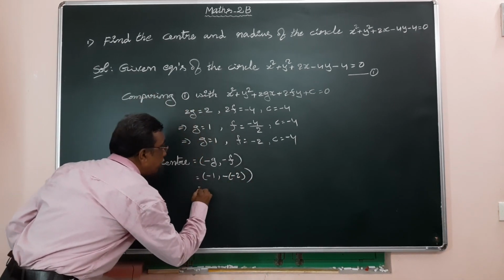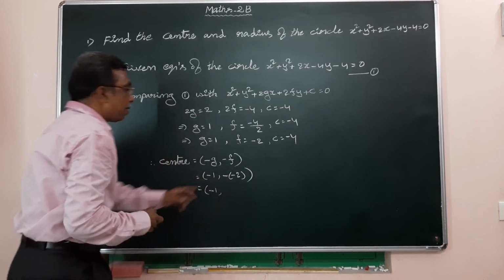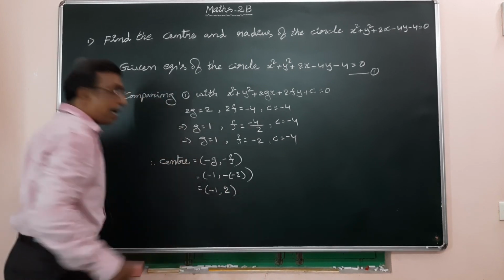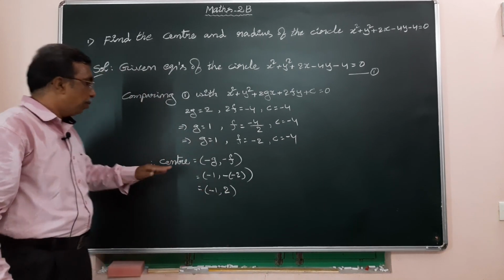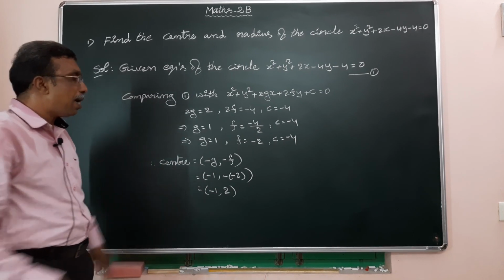That equal to minus 1, comma, minus into minus, plus 2. Minus 1, comma, 2. This is the center. Center is minus 1, comma, 2.